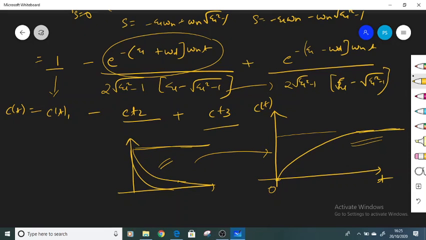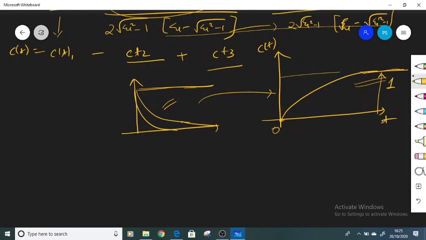At t equal to infinity it is going to attain the value 1. And as there are no oscillatory expressions in this complete equation, there are going to be no oscillations in the output of the system. So this is what your overdamped system will look like when you apply a unit step input to it.